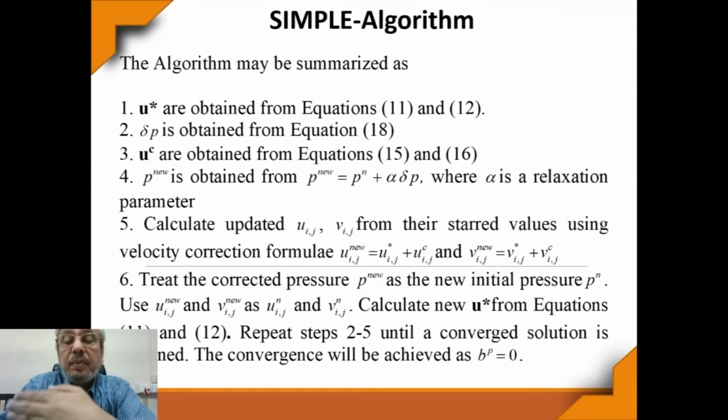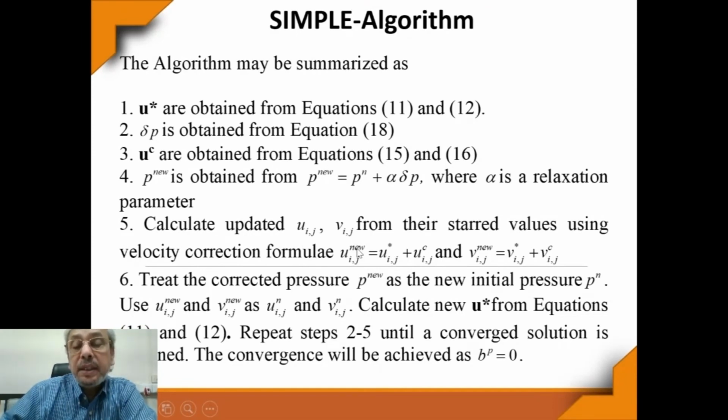So pressure is updated: P at the nth level is added with this delta P pressure correction, and P new emerges. Similarly, you also update Uij and Vij.